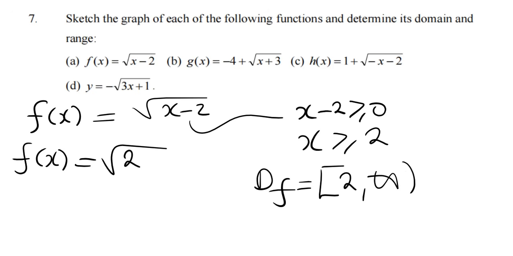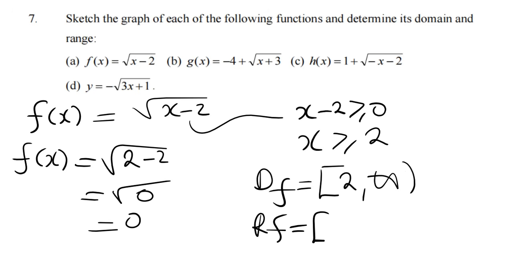So 2 minus 2. The square root of 2 minus 2 is 0. The square root of 0 is 0. So for y, the lowest value of y that you can have is 0. So the range for this function starts from 0 and goes all the way to positive infinity. So basically that.